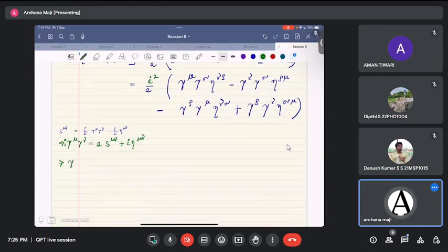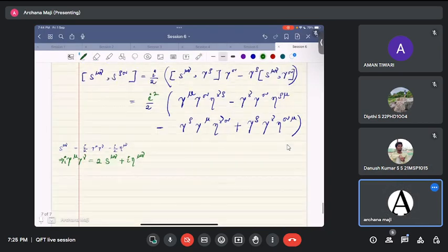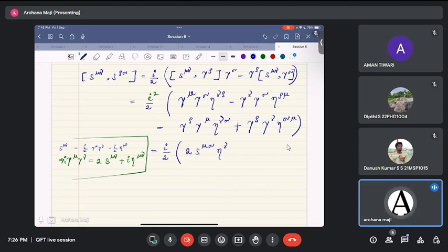So gamma, okay, so let's do that. This is equal to i over 2, 2 times S mu sigma eta nu rho that we have here.